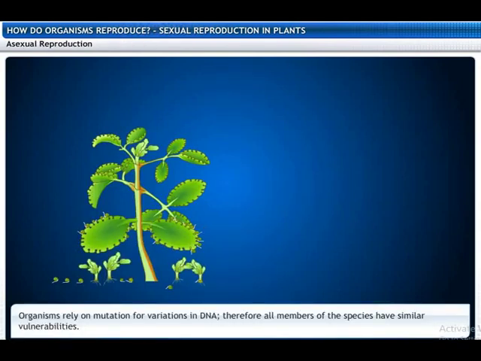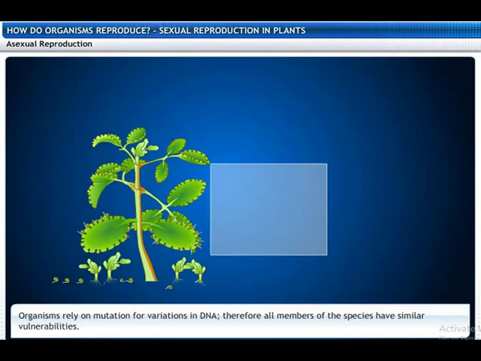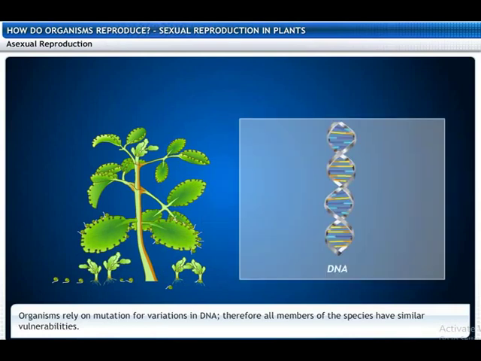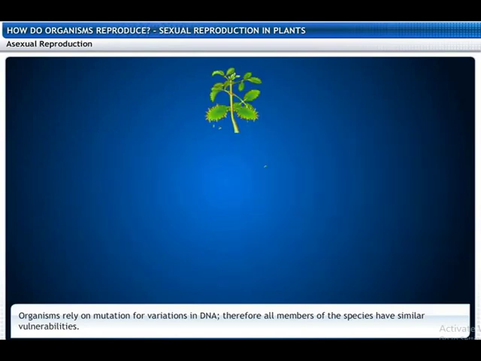Organisms that reproduce asexually tend to multiply quickly. However, they rely on mutation for variations in their DNA. Therefore, all members of the species have similar vulnerabilities.